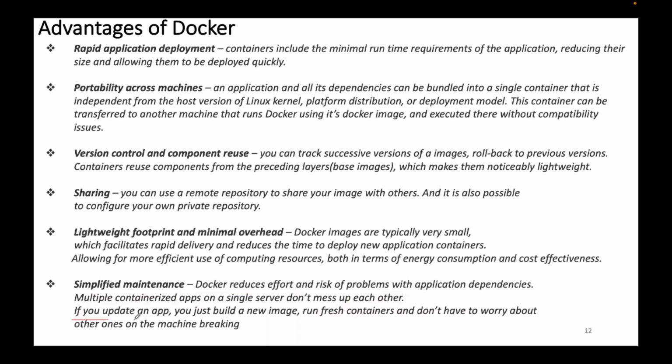If there is a change in your application code, you are updating your application code, then what do you need to do to deploy that new code? You need to create a new image, and out of that new image, can I create a new container, a fresh container?